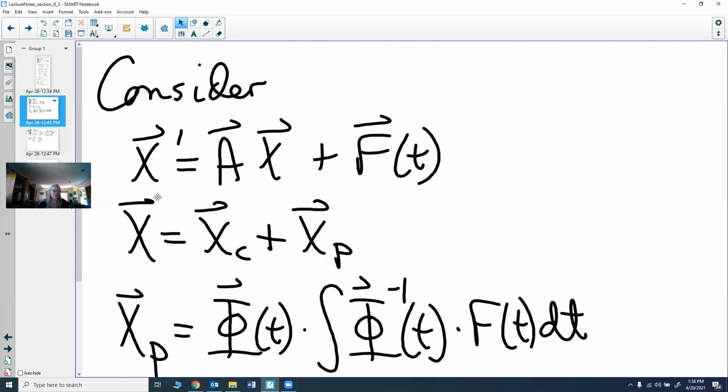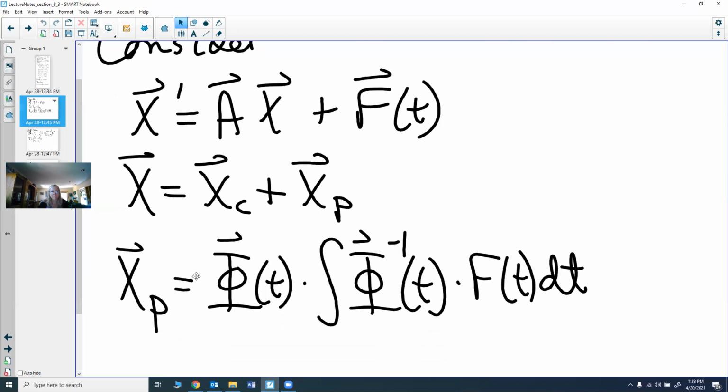We're going to consider some differential equation where we have non-homogeneous. The solution would be x equals the complementary solution plus the particular solution. The particular solution is that fundamental matrix times the integral of the inverse of the fundamental matrix times that function matrix dt.